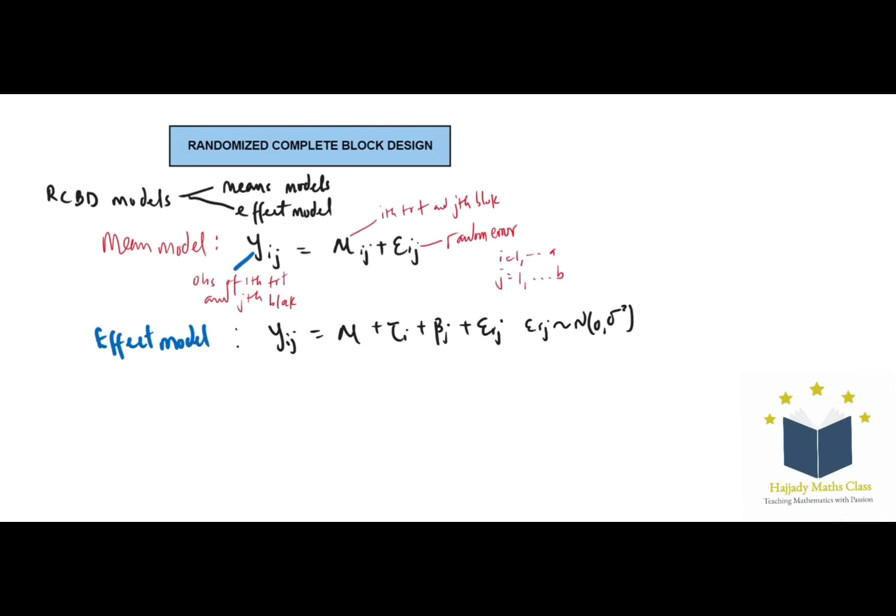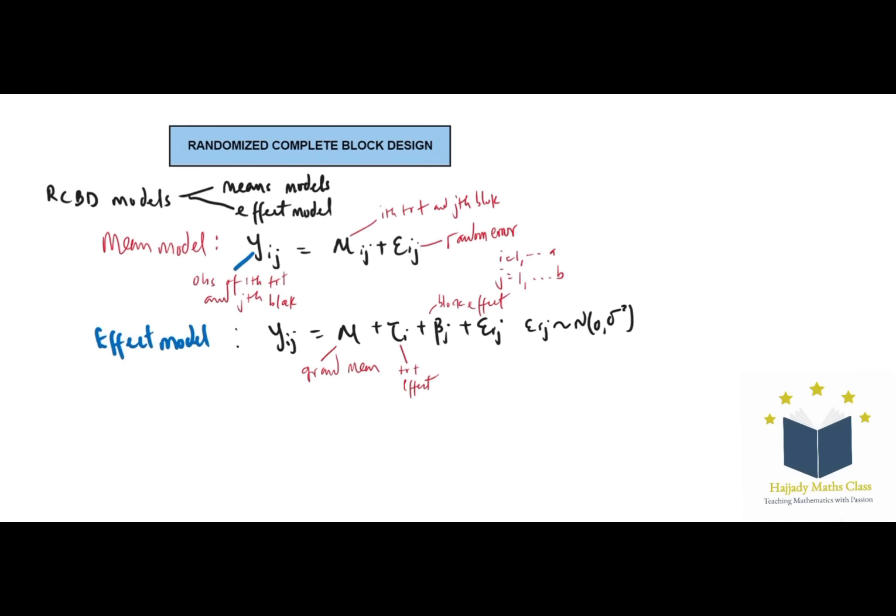Highlighting the meaning of this, mu is the grand mean, tau i is the ith treatment effect, beta j is the block effect, and as usual, our Eij is the random error. Don't forget the distribution of our Eij.